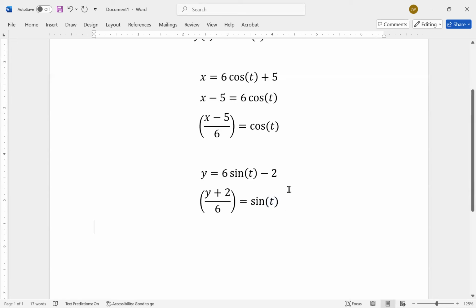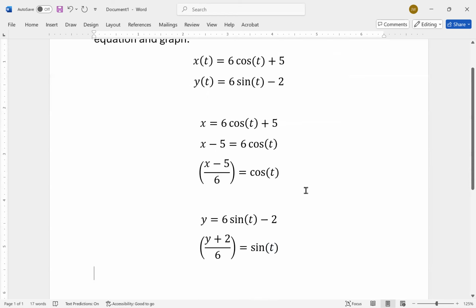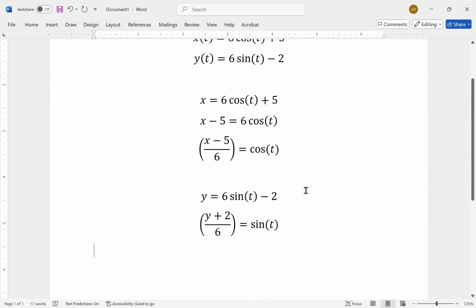Here is where the indirect substitution comes in. I have one equation solved for cosine of t. I have another equation where I've solved for sine of t.